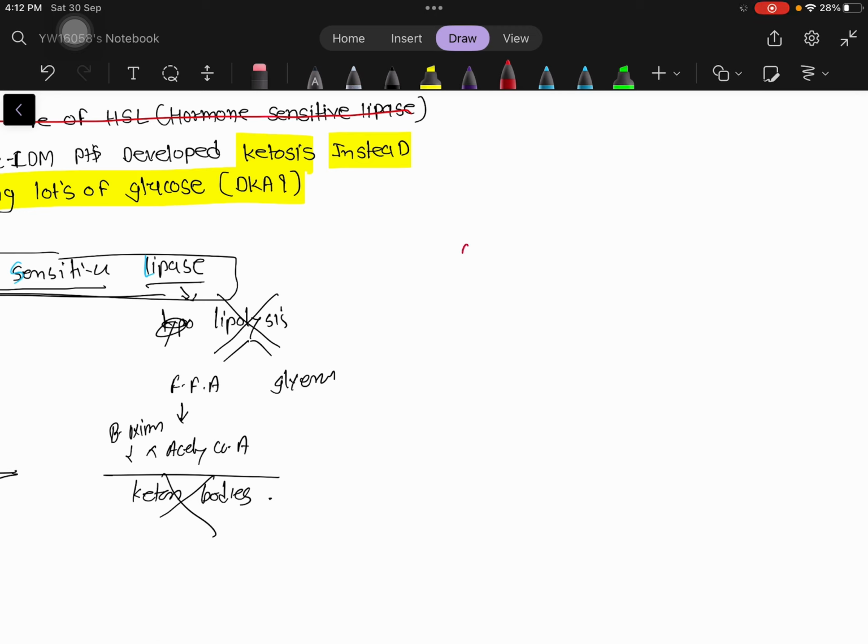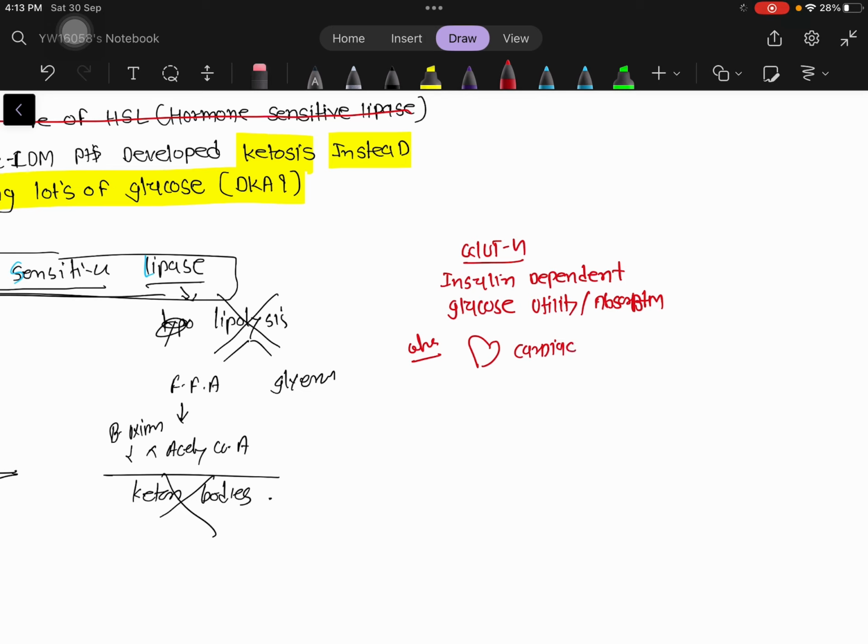So you all know GLUT4, which is insulin dependent glucose utilization, or let's say absorption, in three tissues: first cardiac muscle, skeletal muscle, and adipose tissue.